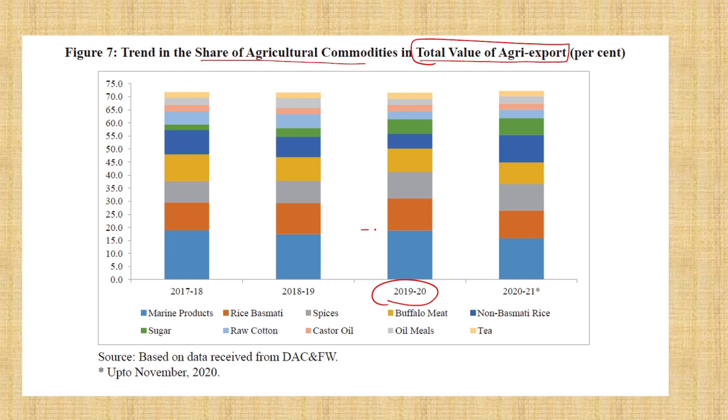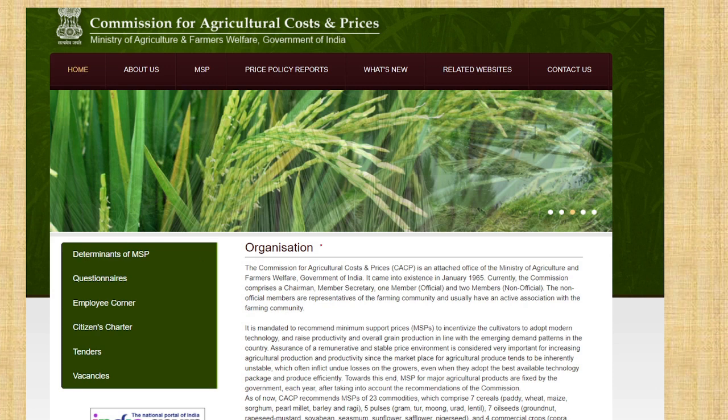If they ask what we export the highest in agriculture, we usually think rice and wheat, but it is marine products. 20% of our agricultural based export is marine products. Next is basmati rice, and the subsequent thing. Please remember this. And next, this is very, very important.